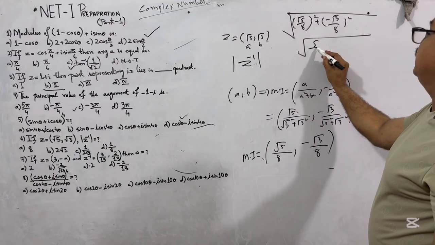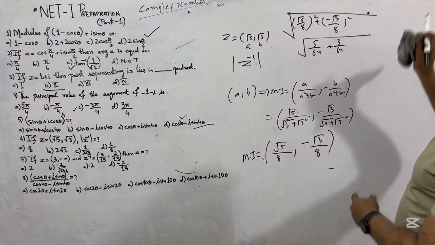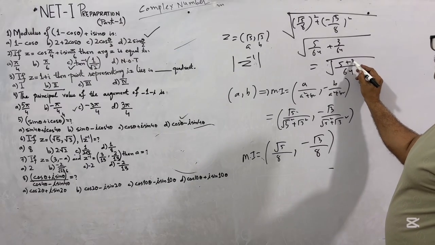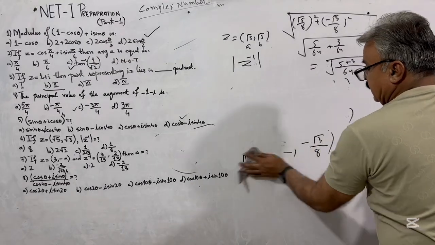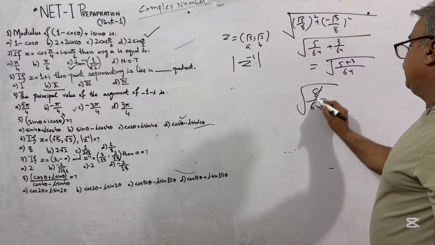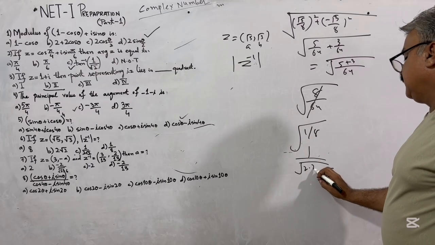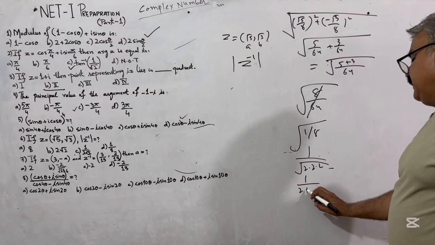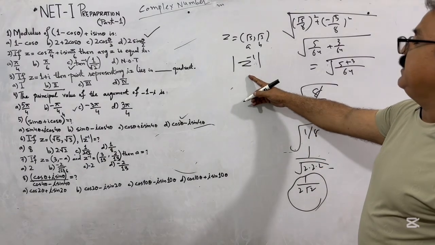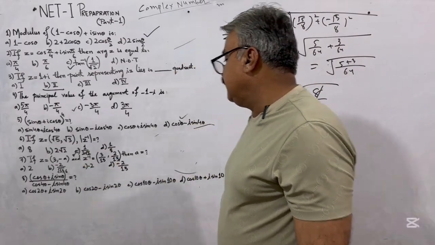It will be 5 over 64 plus 3 over 64. Denominators are homogeneous, so write 64 one time, and 5 plus 3 in the numerator. Now it becomes 8 over 64, which is 1 over 8. The square root of 1 is 1, and 8 can be written as 2 times 2 times 2. A pair of 2 comes out, leaving 2 inside. That is the magnitude of this inverse: 1 upon 2 root 2. So C is the right option in that case.